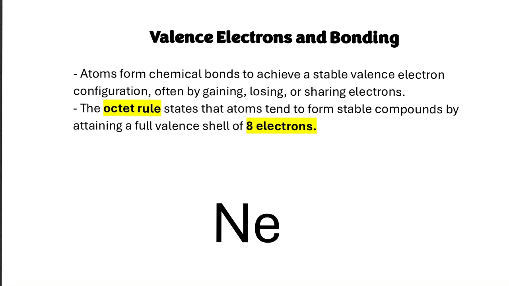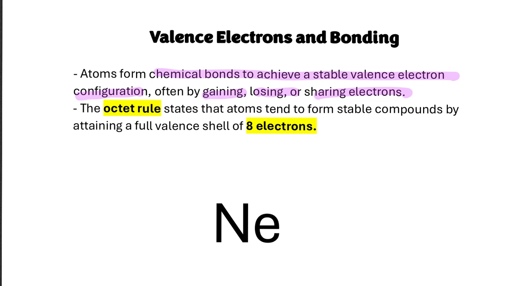Now we are going to discuss valence electrons and bonding. Atoms form chemical bonds to achieve a stable valence electron configuration, often by gaining, losing, or sharing electrons. We are going to learn this in detail once we learn about chemical bonding. However, in this case, you should only know about the octet rule.